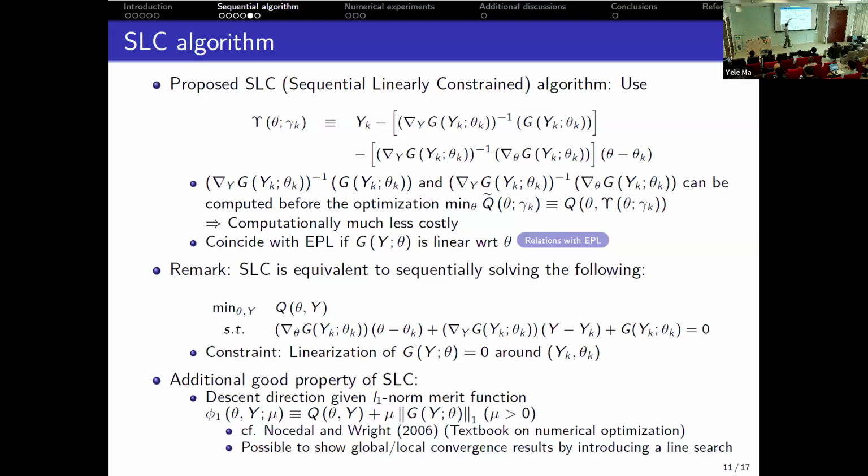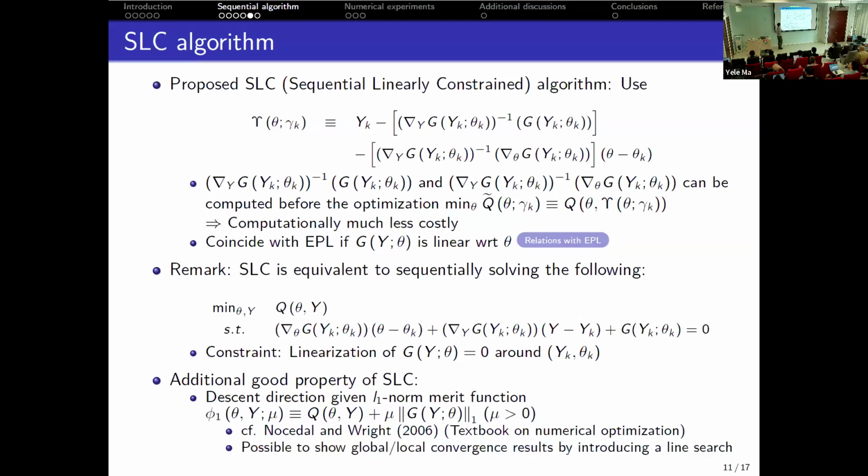you may notice that there are two types of vectors, this one and this one. And concerning these two vectors, they can be thought of as solutions of linear equations. And generally, solving linear equations is sometimes computationally demanding, especially when the dimension of the problem is large.